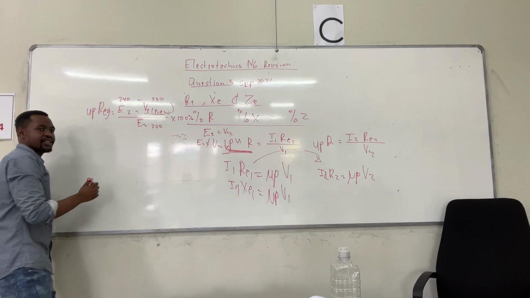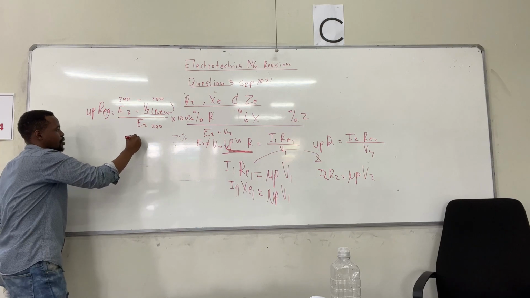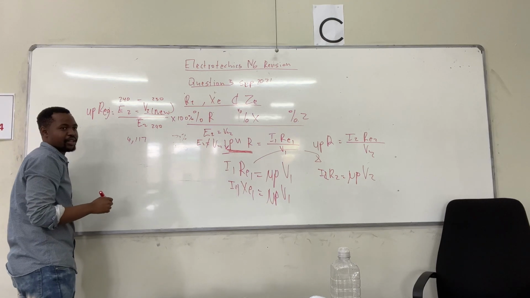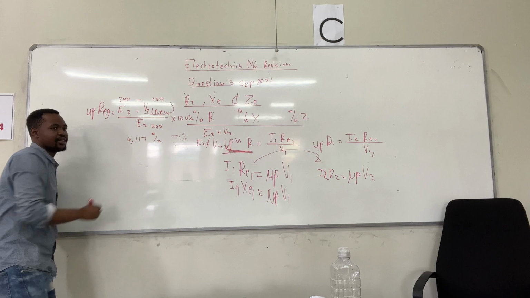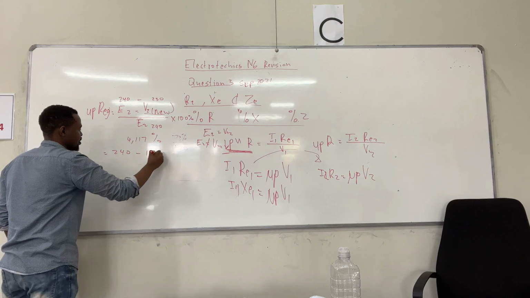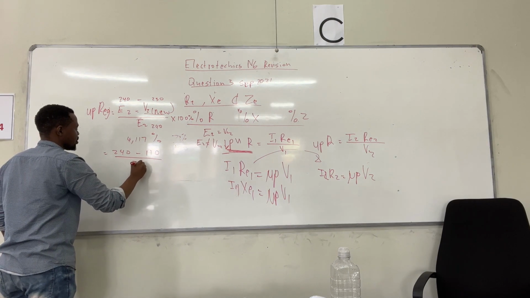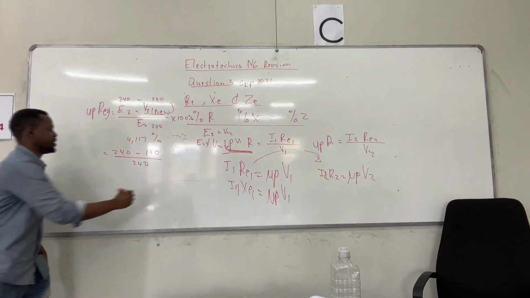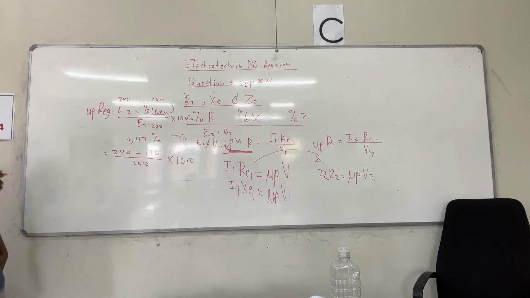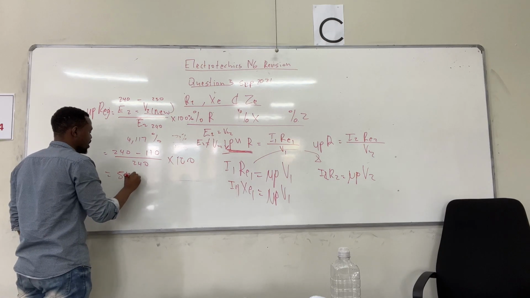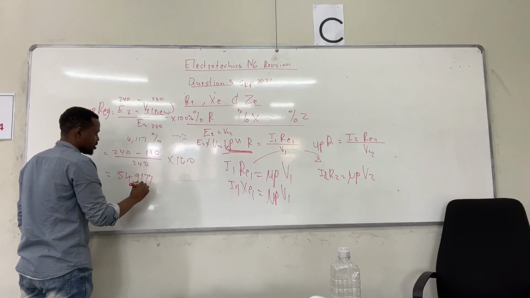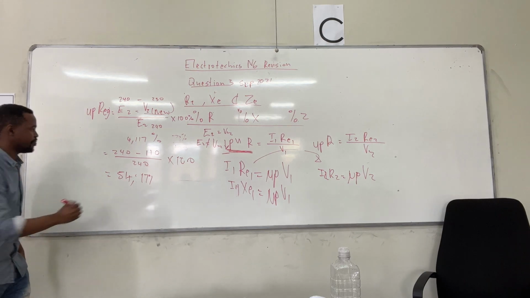How many percent? 4.17%. Okay. Let us say 240 minus 110 over 240 times 100. 54.17. Okay, thank you.